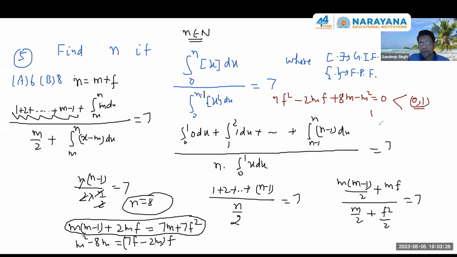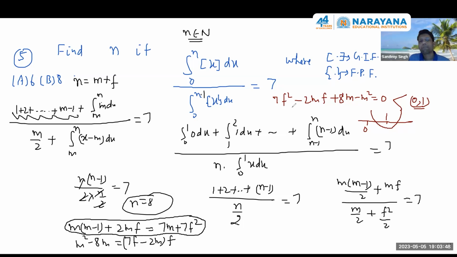Correct? So its graph should be like this with respect to f. So either 0 and 1 should lie here like this, 0 to 1. So what is the vertex of this? What is the vertex of this? 1 by 2. You tell me.